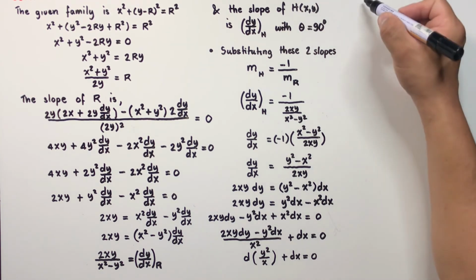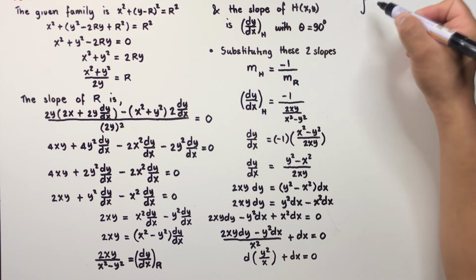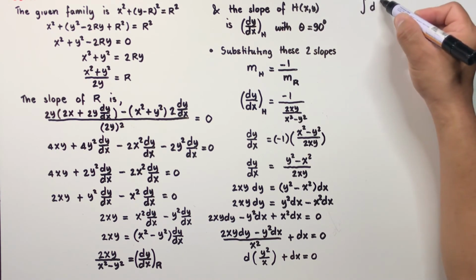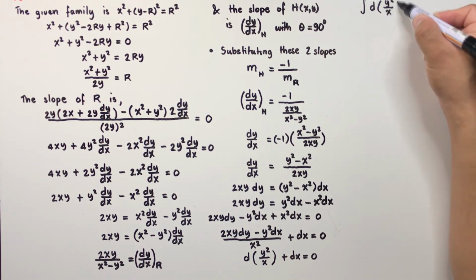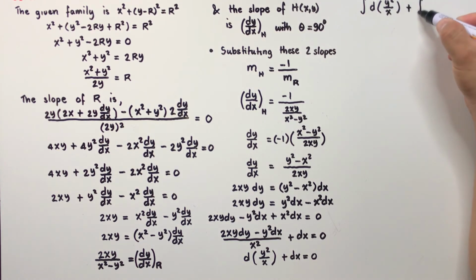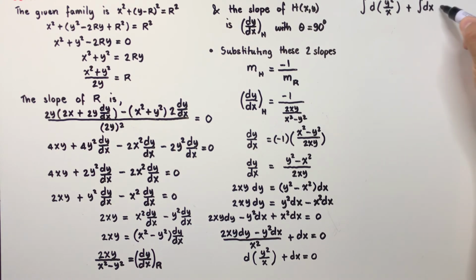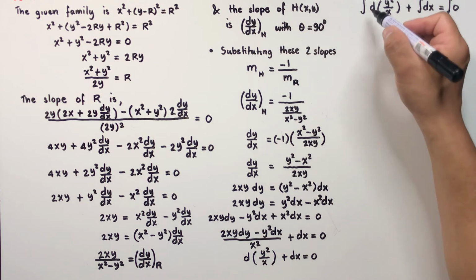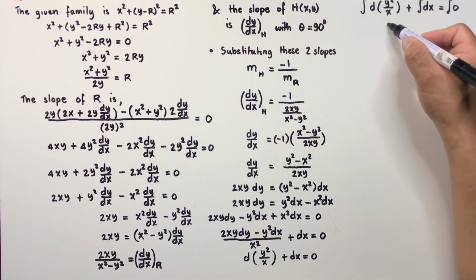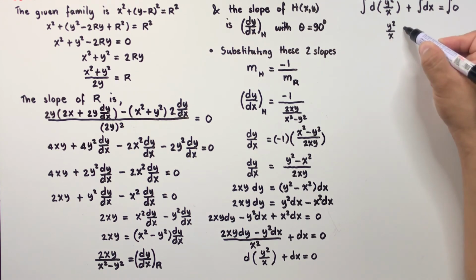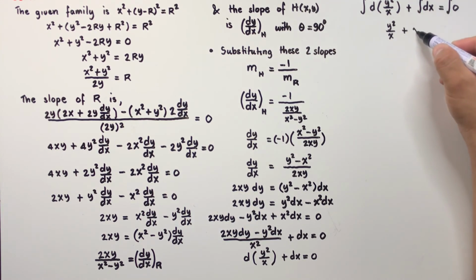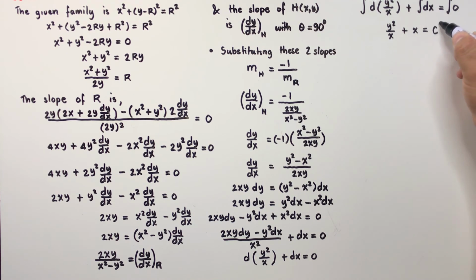So we have the integral of the differential of y squared over x plus the integral of dx, which is equal to the integral of 0. And we know that the integral of the differential is just y squared over x, and the integral of dx is x, which is equal to the constant of integration c prime.